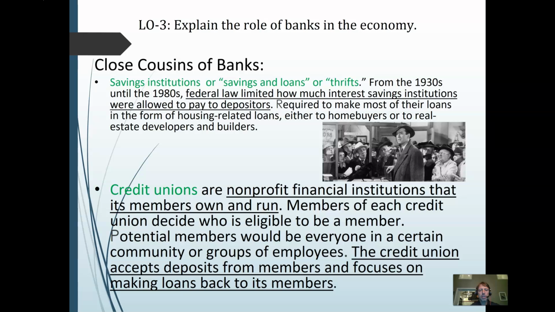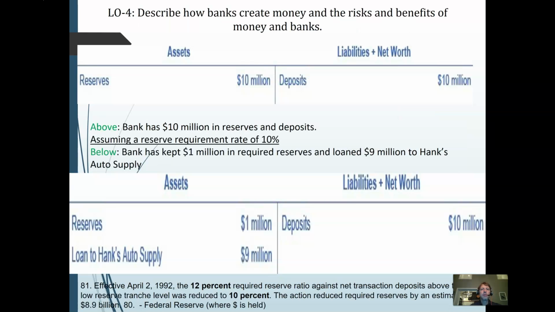They actually can get a dividend at the end of the year if the credit union makes money. But a credit union is a nonprofit. A bank is a for-profit. In the for-profit, we're just customers who utilize the bank. In a credit union, you're members who have partial ownership in the nonprofit or a stake in the returns.